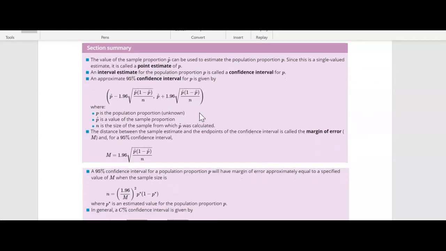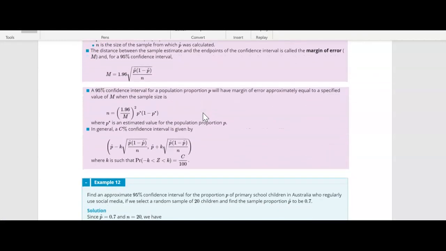Not that first one, I'll explain that in a second, but this general one here. So it is on your formula sheet, and basically you're just doing your mean, which is the same as your sample proportion, minus the number of standard deviations, and then your mean plus the number of standard deviations.